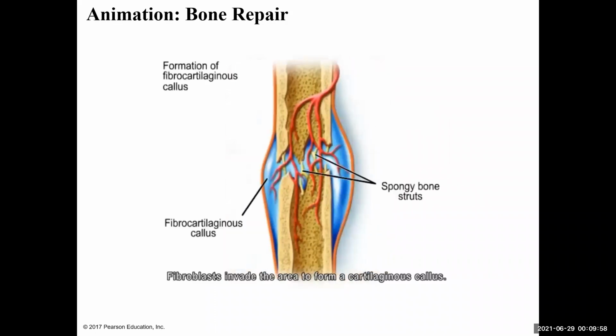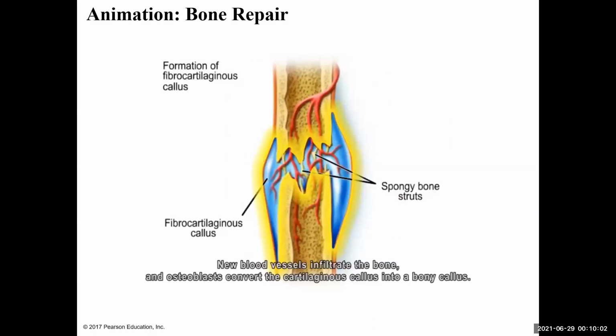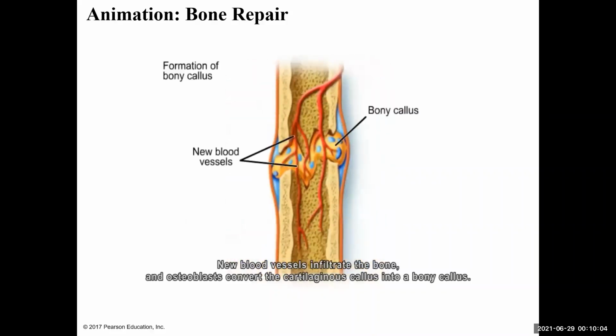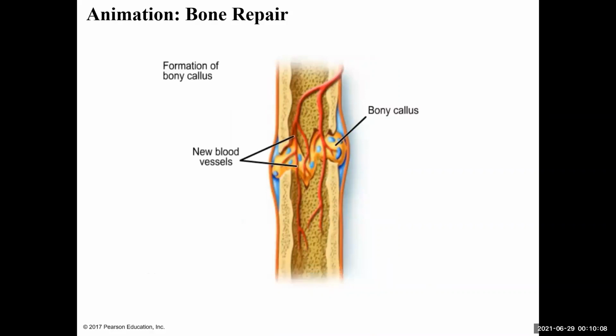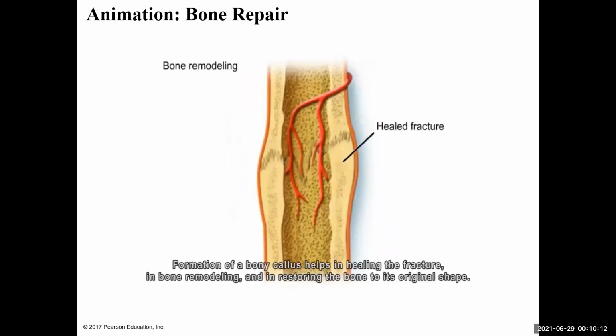Fibroblasts invade the area to form a cartilaginous callus. New blood vessels infiltrate the bone, and osteoblasts convert the cartilaginous callus into a bony callus. Formation of a bony callus helps in healing the fracture, in bone remodeling, and in restoring the bone to its original shape.